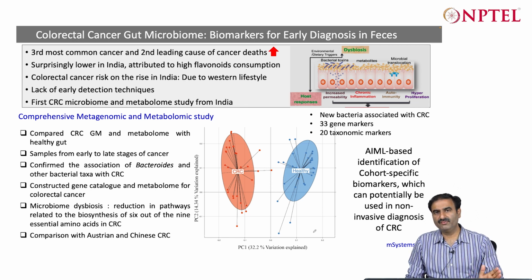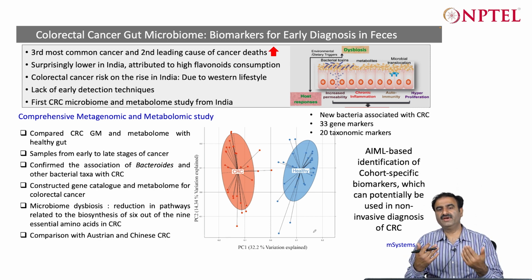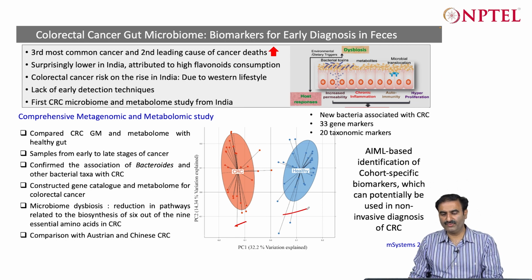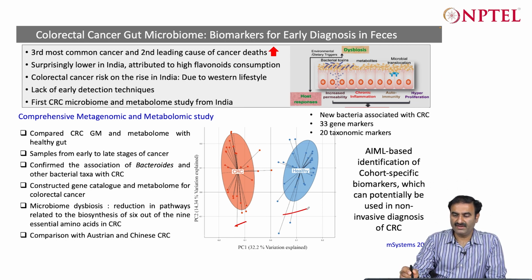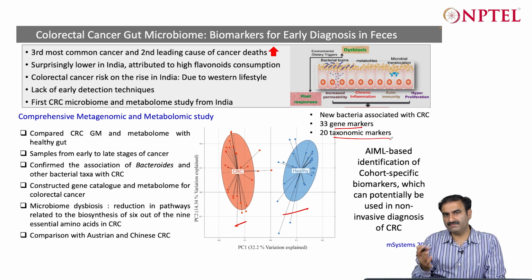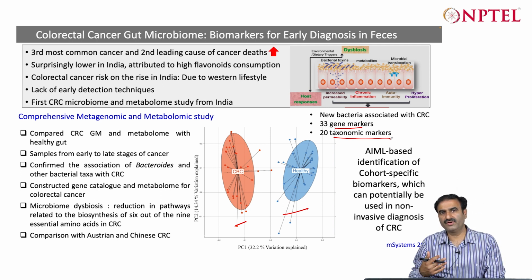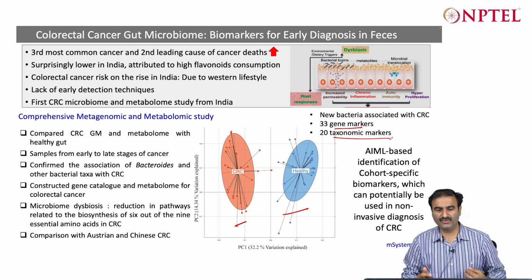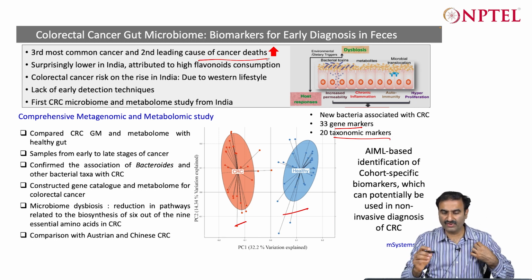For example, now if you move to the cancer gut metagenome, when you compare the cancer and healthy gut metagenomes, you can see that there are some distinct genes and taxonomic markers, that means bacteria, which can separate the cancer from the healthy gut microbiome. This kind of finding can provide clues about using them as markers for early diagnostics, and this will also be non-invasive. Colorectal cancer is a very big problem, almost the second leading cause of cancer deaths.